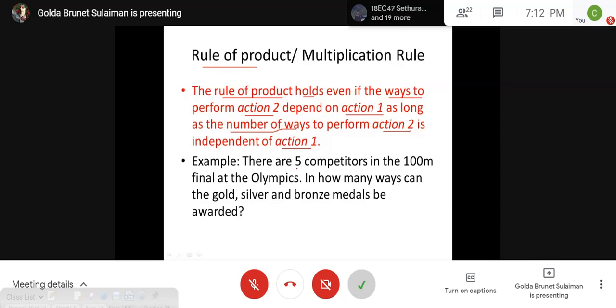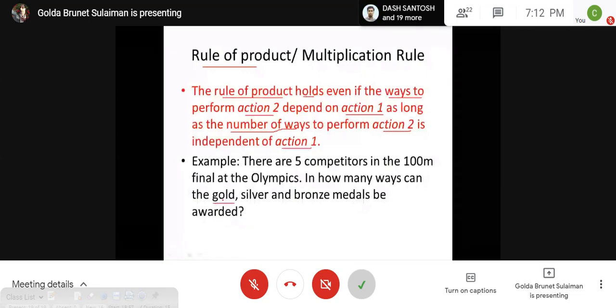So we have totally 5 competitors. How many different ways can you award the gold medal? Any one of the 5 can win, right? So there are 5 different ways of awarding the gold, because that is the first place.